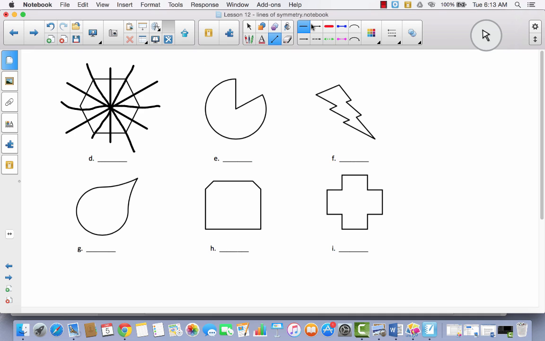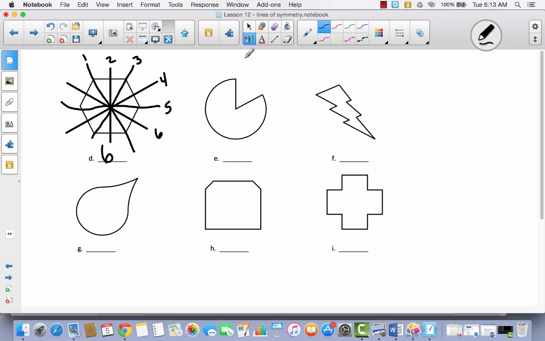If you count all the lines that you drew, you don't want to count the same line twice, but you could say, all right, this is 1, 2, 3, 4, 5, 6. And then from here you've already counted all these lines. So it has 6 lines of symmetry.